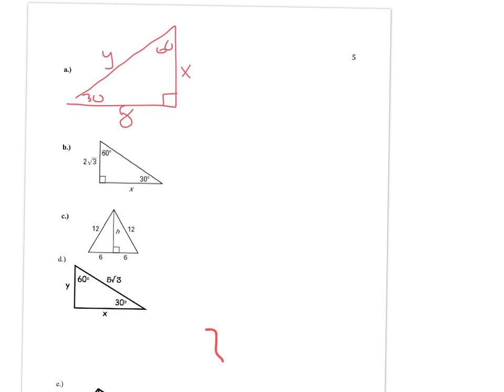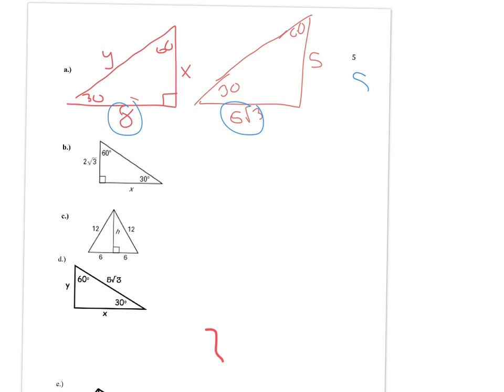Okay, in part A, we have a 30, 60, 90 right triangle. We're given the side across from 60 degrees. So in my model, I'm going to rewrite it. This is 30, this is 60. The side opposite 30 is S. The side opposite 60 is S times the square root of 3. So they're giving me the side opposite 60.